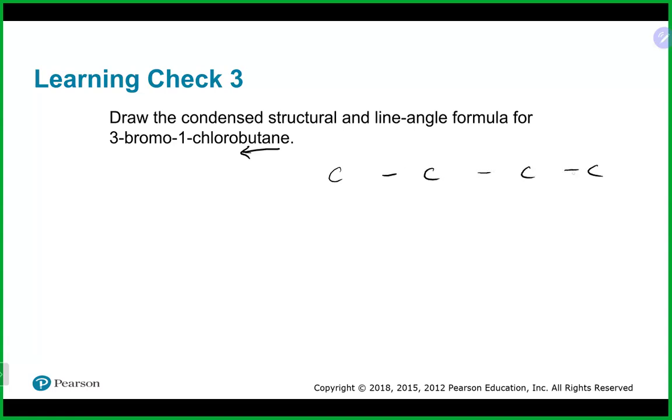So that is where you should start. I'm going to call this my first carbon. At carbon number 1, there's actually a chloro group, which is a chlorine. And over here at carbon number 3 would be a bromo group, which would be Br. And now again, everything at this point is going to be hydrogens to get carbon to 4.